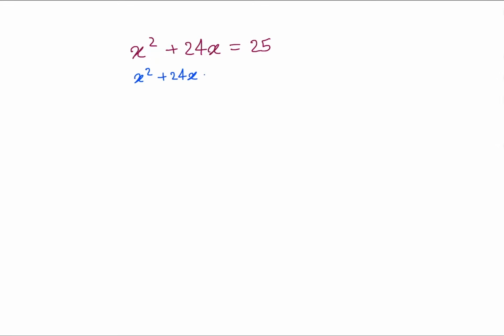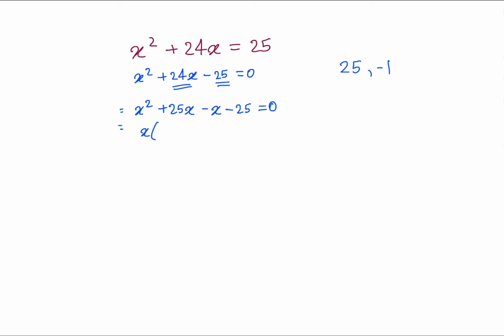So x squared plus 24x minus 25 equals 0. Then we need two numbers that when multiplied give you negative 25, so make sure you look at the sign, and when added give you 24. Again, that's pretty easy: 25 and -1. So we substitute this as x squared plus 25x minus x minus 25, which equals 0. So we take our common factor, which is x.